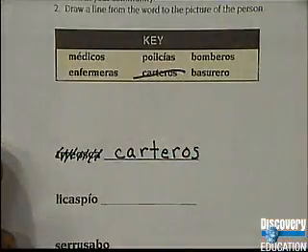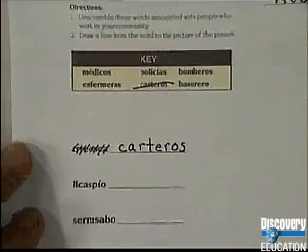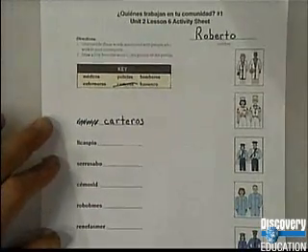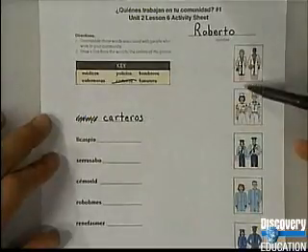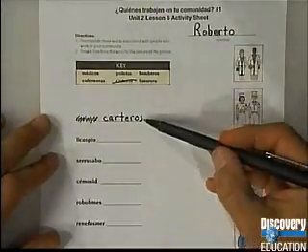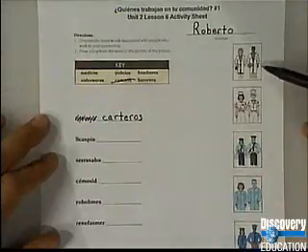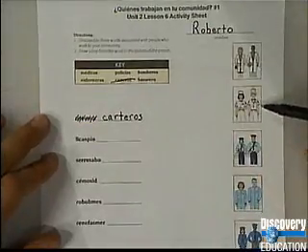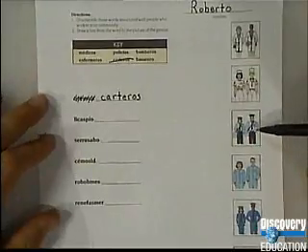Now, once you unscramble all of these words, what I'd like you to do is come back and draw a line from the word to the person here. So, we're looking for carteros. That's the person who carries around the cartas. Is this the cartero? No. ¿Este? No. Ellos son carteros.